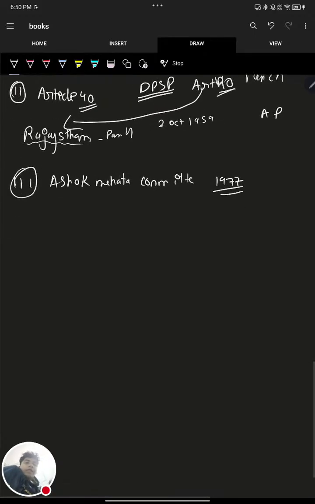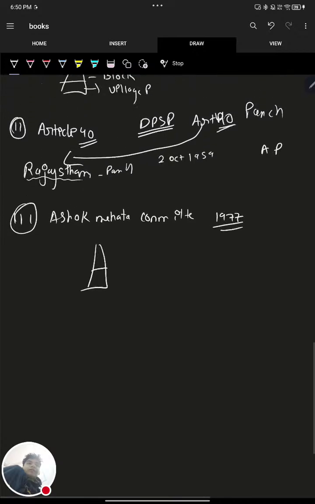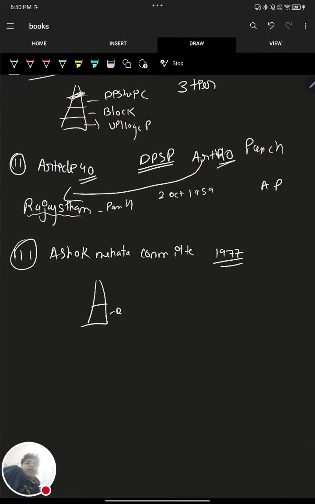The Ashok Mehta committee talked about only 2 tiers of Panchayati Raj. If I had to assume, it would be block and district. I might be wrong, it could be the other one. I don't know, but you should only remember that 2-tier is the Ashok Mehta committee.